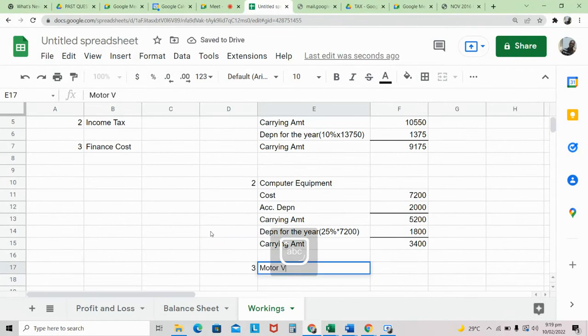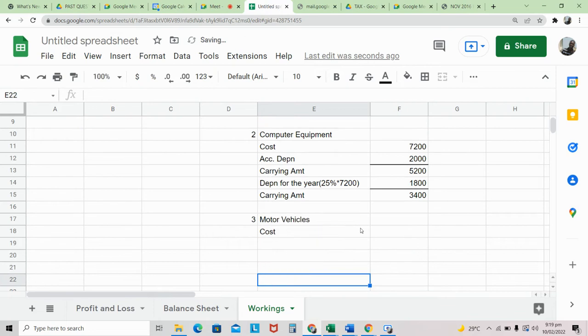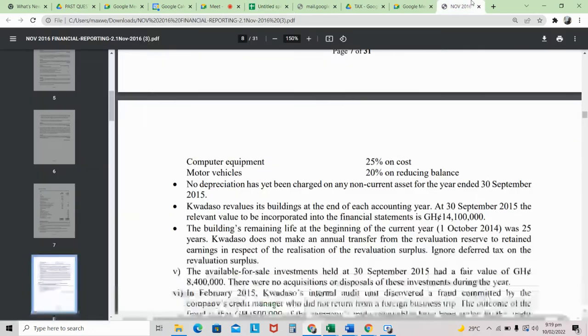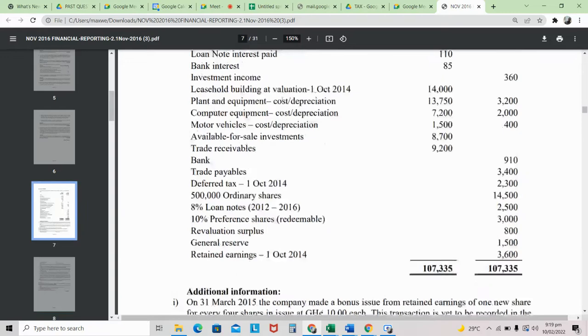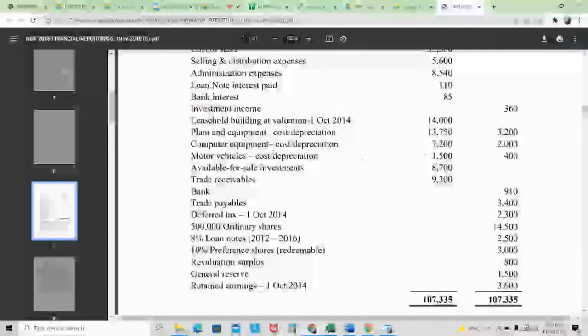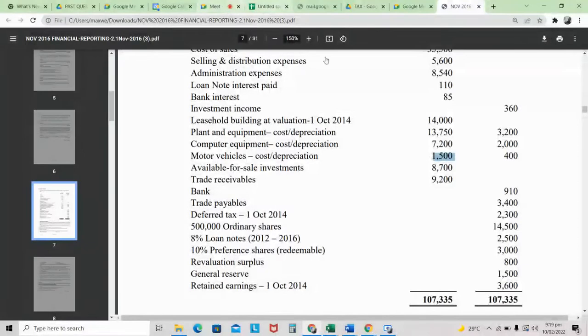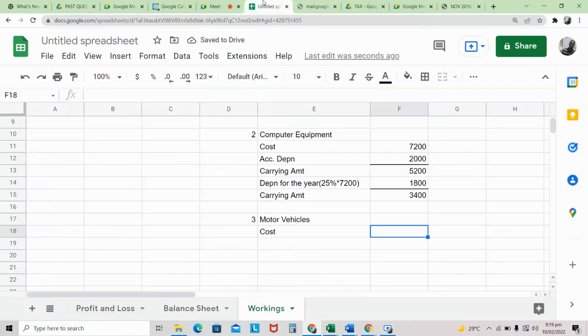So what's the cost of the motor vehicle? It's 1,500. The accumulated depreciation is 400.